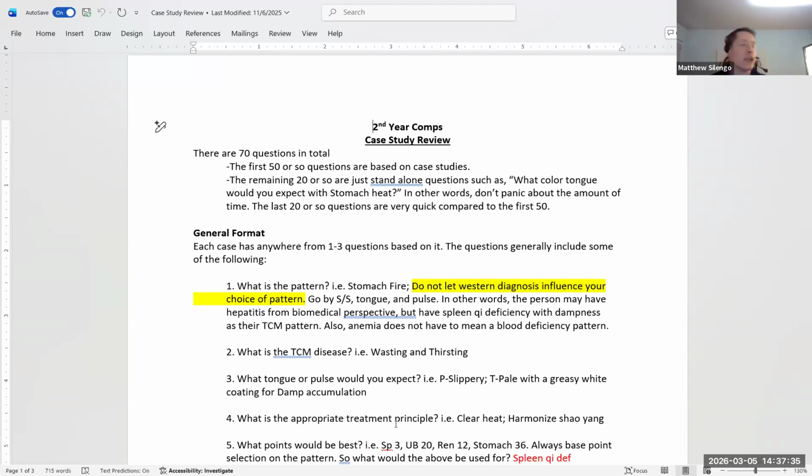And then we said there was a little bit of auricular, which mostly focuses on landmarks of the ear and which landmarks certain points are located in. Most of the questions just have to do with knowing, for example, the spleen point is in the cavum concha, the kidney point is in the cymba concha, the eye point is on the ear lobe, and the upper extremity points are in the scapha.